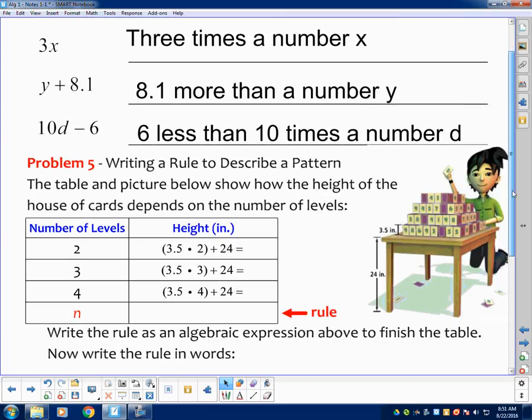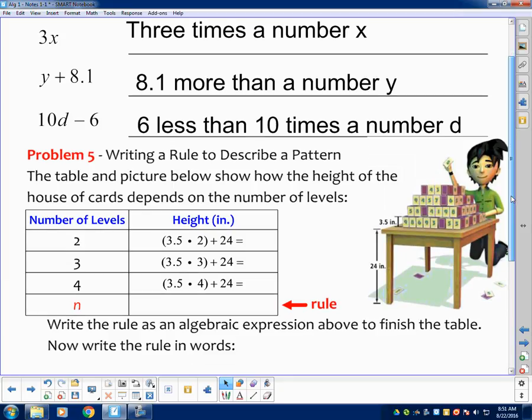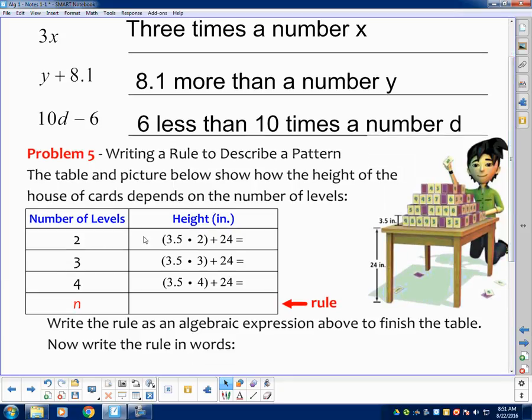All right, write a rule to describe a pattern. The table and picture below show how the height of the house of cards depends on the number of levels. So we see at level 2, 3.5 times 2 would be 7, plus 24 is 31. So right here we have 31 is our first one. 31 is the height in inches.